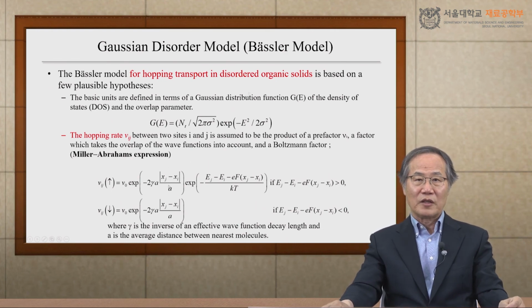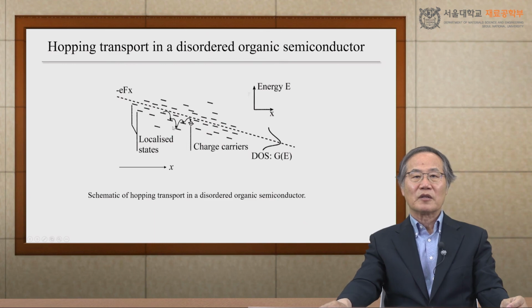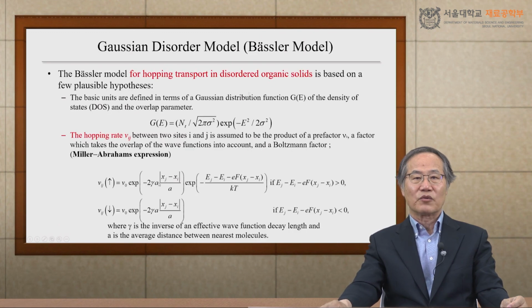Also, he applied the Miller-Abrahams expression. That is, if the initial state has a higher energy than this one, we just need to tunnel through the energy barrier, and this has some exponential function.